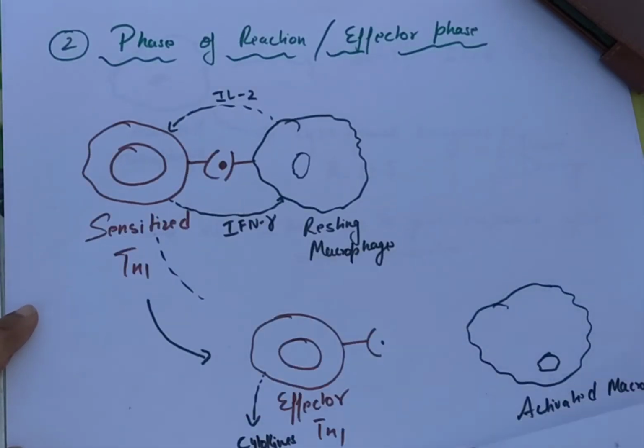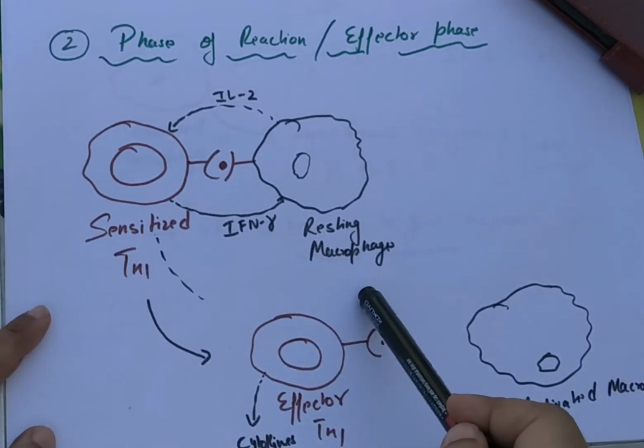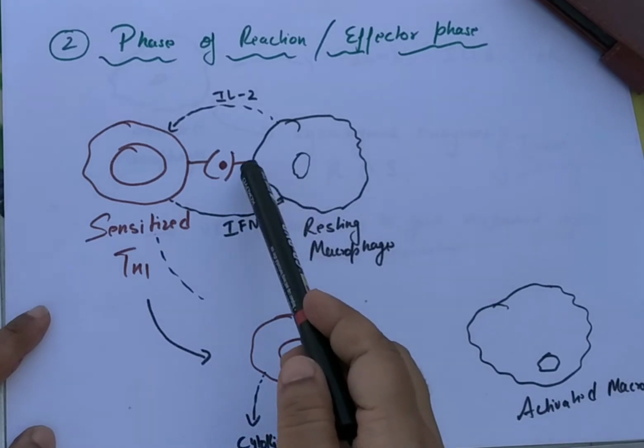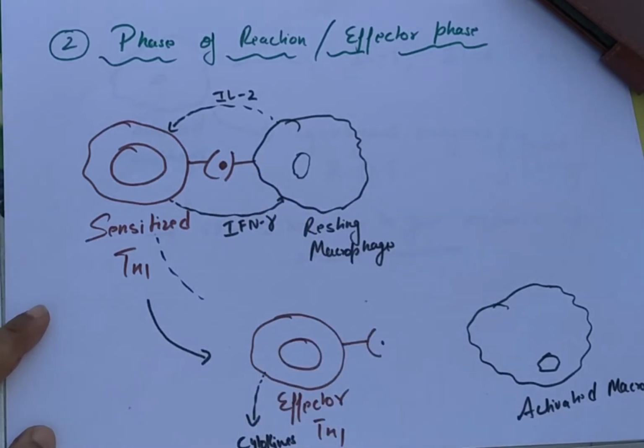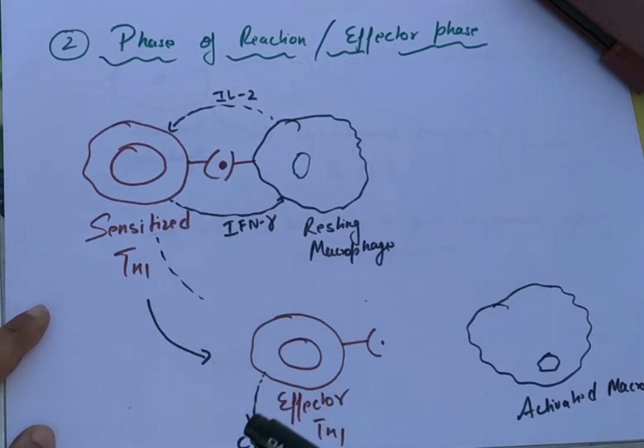Now comes the second phase, which is called the phase of reaction. In this phase, the sensitized Th cells react with the resting macrophages, which bring antigen complexed with MHC molecule. When they react, they both secrete molecules to activate each other.